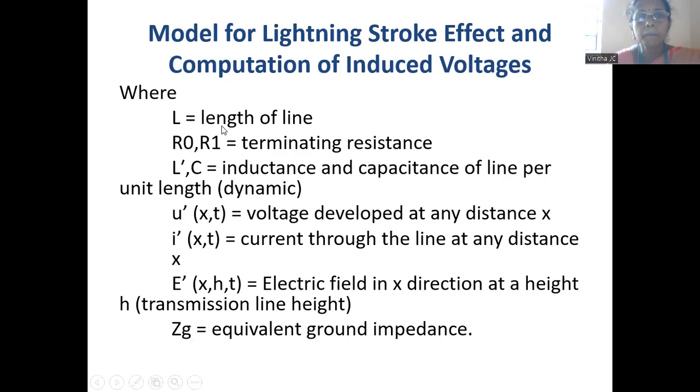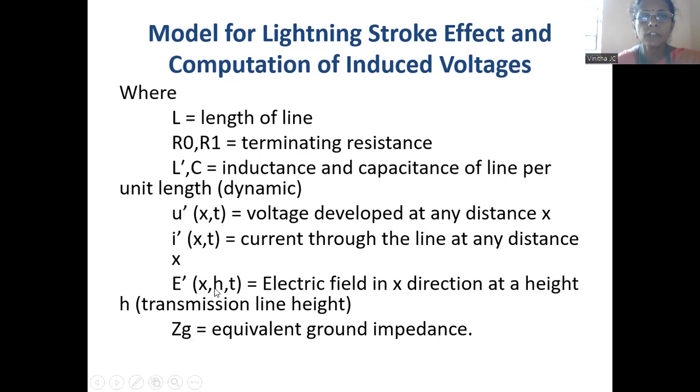And here, capital L is represented as the length of the transmission line, and R0 and R1 are the terminating resistances. L dash and C are the inductance and capacitance of the transmission line per unit length. U dash of x comma t is the voltage developed at any distance x. Then I dash of x comma t is the current through the line at any distance x.